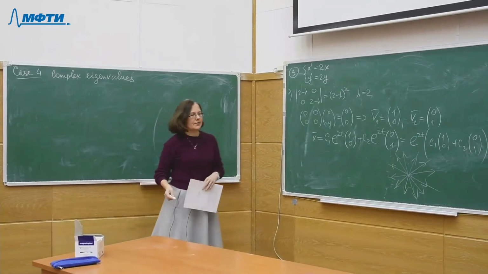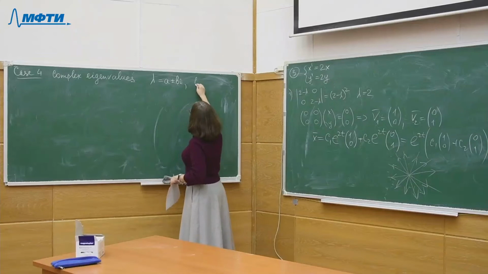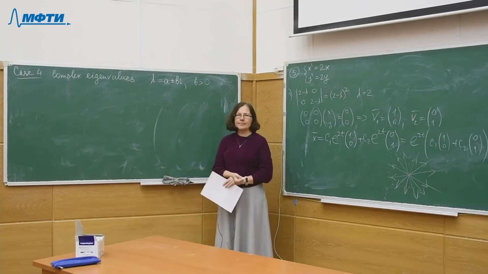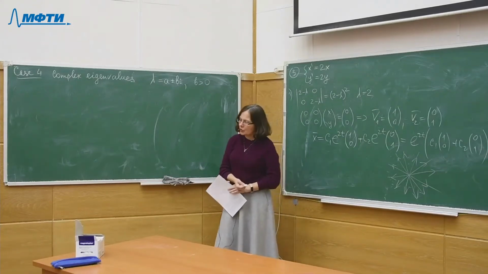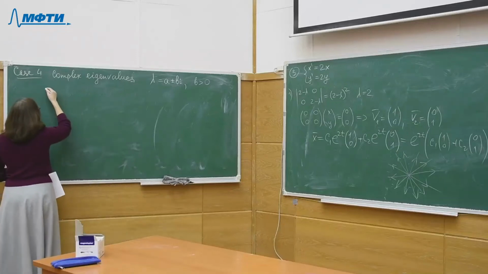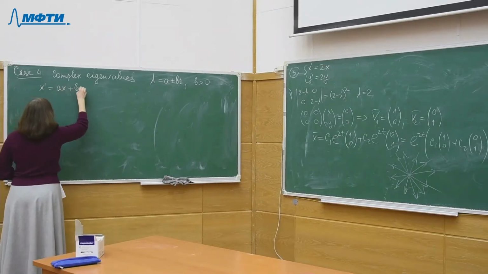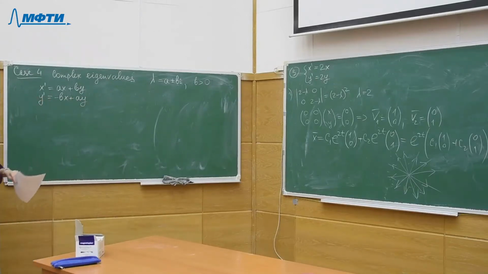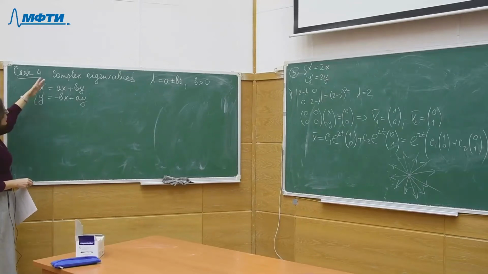If the eigenvalues are complex, then they are complex conjugate, a plus or minus bi, where b is positive. After a linear change of variables, our linear system can be reduced to the following form: x prime equals ax plus by, and y prime equals minus bx plus ay.